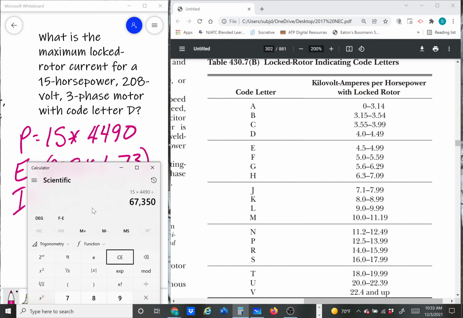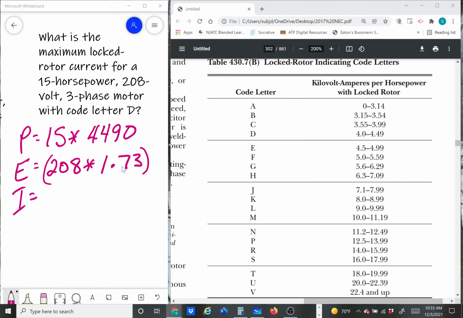You can either put parentheses around it or just divide by both, so divided by 208, divided by 1.73. And that is going to give me my maximum locked rotor current of 187.17 amps. Again, it's just P divided by E.